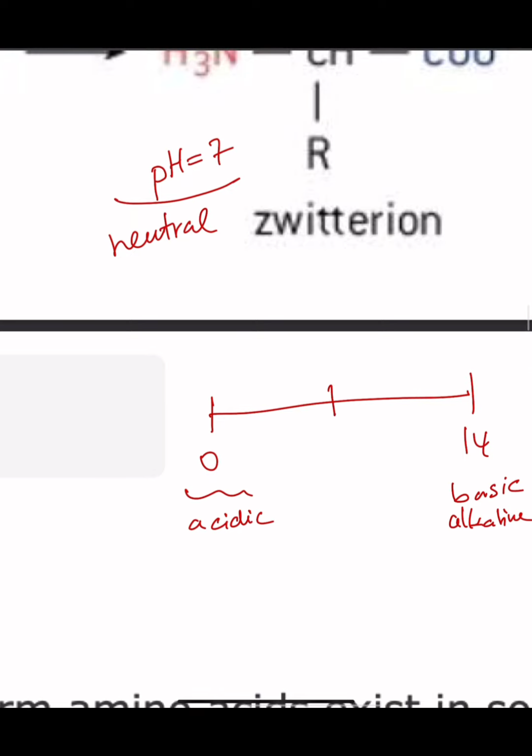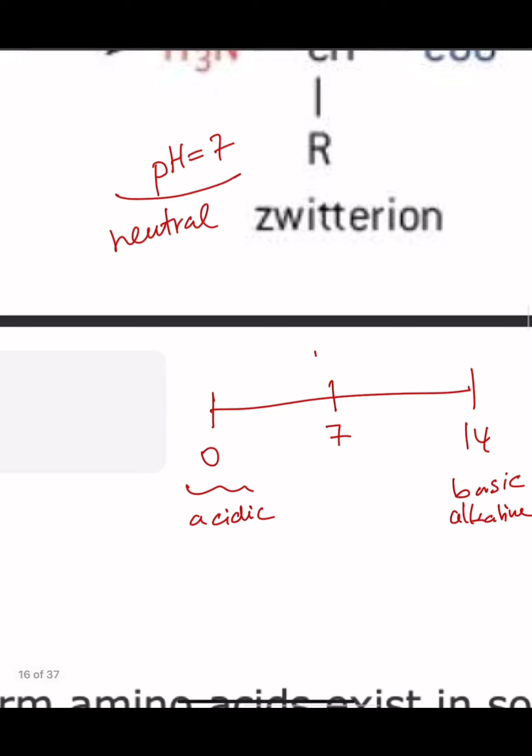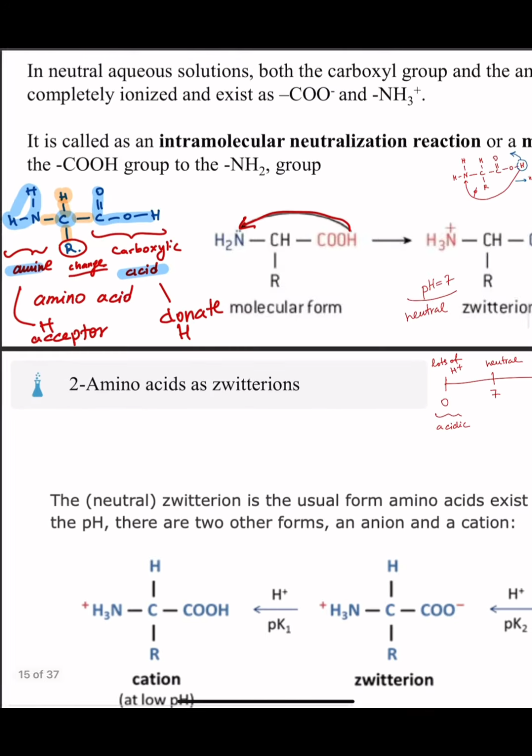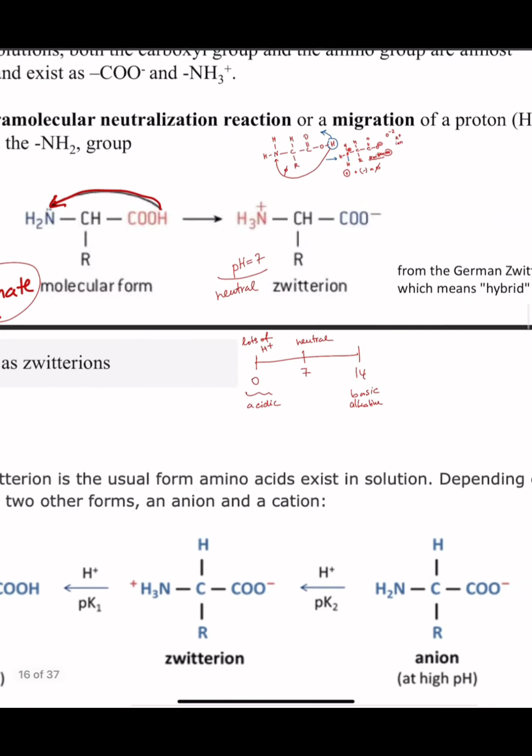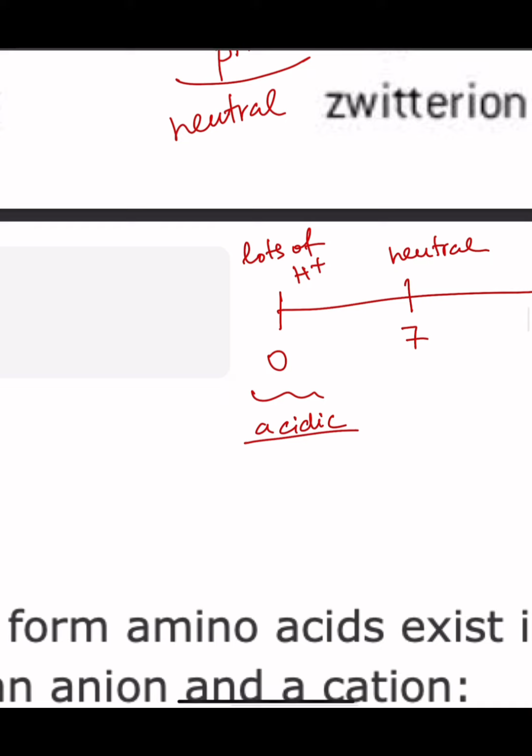And the 7 is right in the middle. It's not acidic nor basic, so that means it is neutral. Okay, so acidic means lots of hydrogen plus, because acids, we told, donate hydrogen, right? Because we have lots of acidic environment, we have lots of hydrogen pluses.